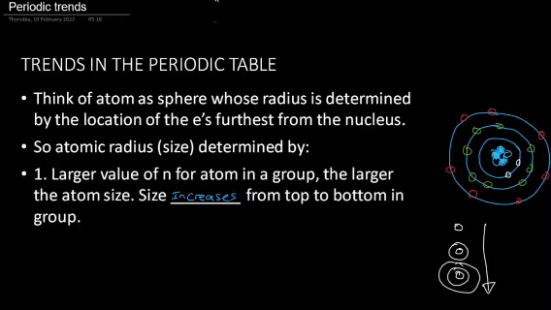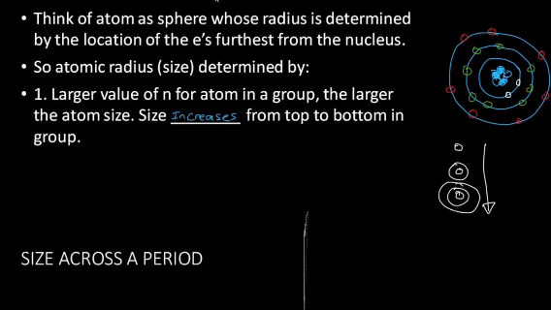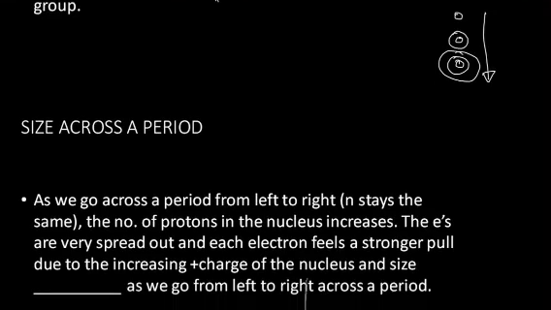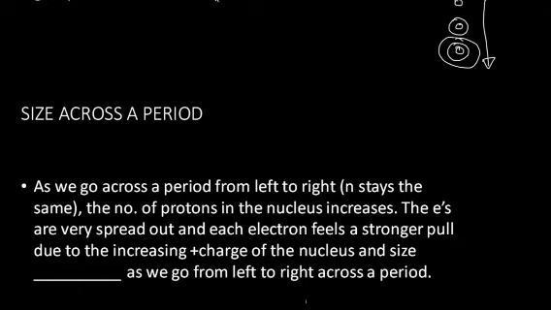What about across a period, or across a specific level? When we say across a period, we're talking about across a specific energy level. As we go across a period in the periodic table, the energy level stays the same.